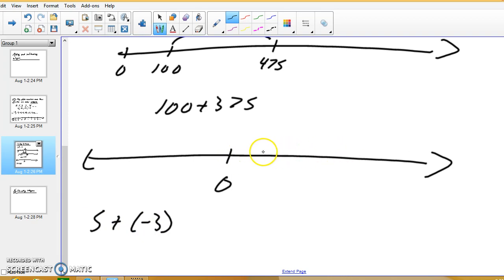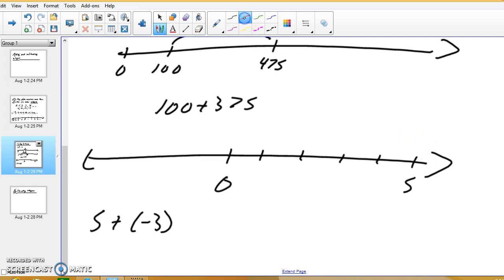So let's find 5 on the number line. 1, 2, 3, 4, and 5. So 5 is over here. Now we're adding a negative 3. Like I said, whenever we add, we move to the right on the number line. But because we are working with a negative number, and we know the negatives are on the left side, we have to switch it and go in the other direction. So if we're adding a negative, we actually move in the left direction.